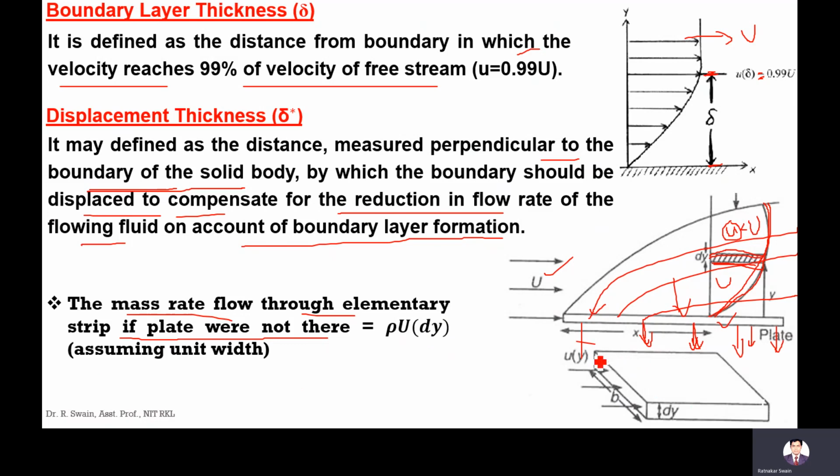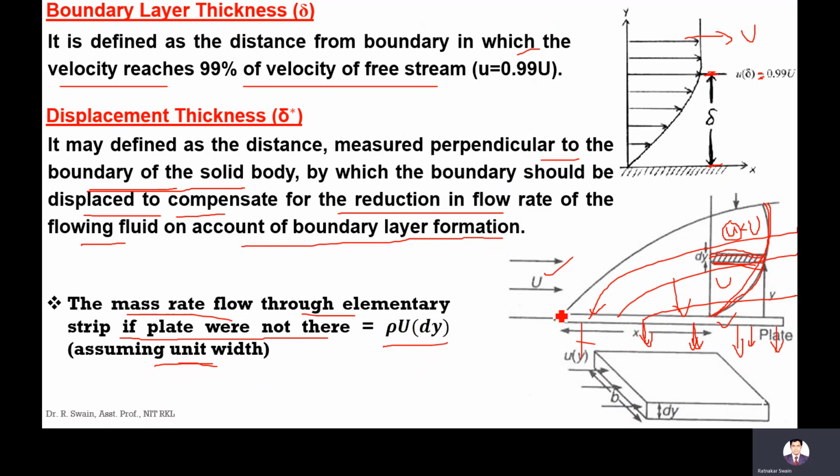Density into velocity into thickness, with unit width considered; density into volume gives the mass, and density into velocity into dy will give the mass per unit time.